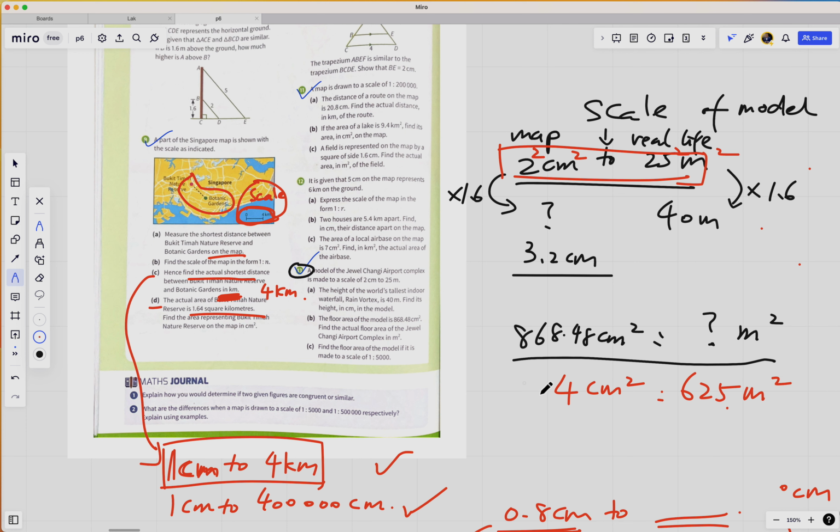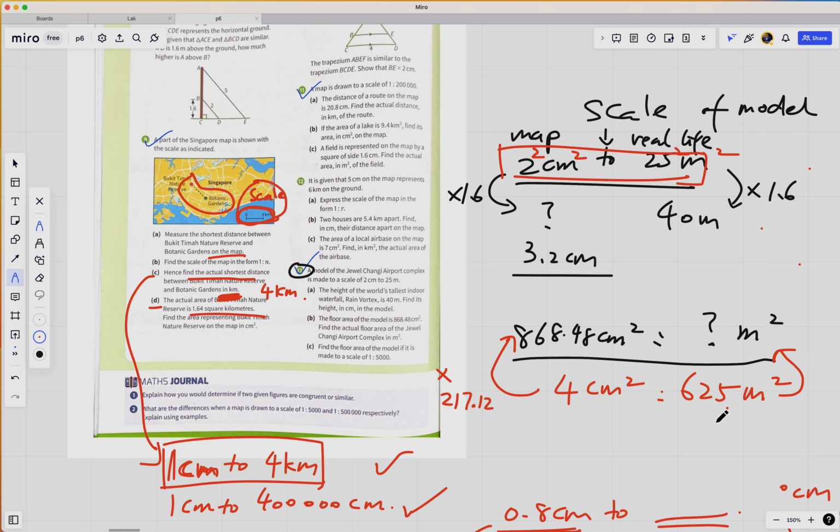You cannot read from this side this time, because you are supposed to ask yourself how to get to the question mark. So you should go from 4 to above. How do you get 4 into 868.48? You times 217.12.